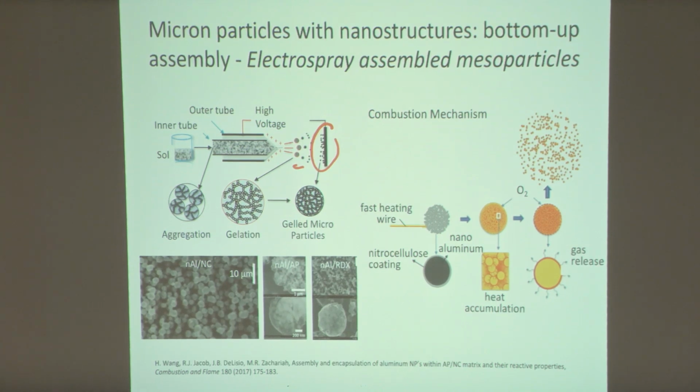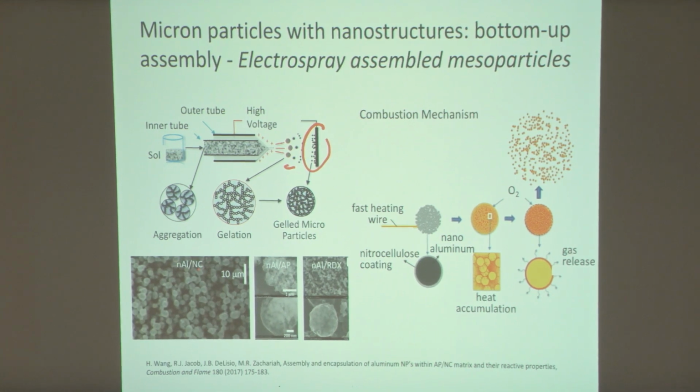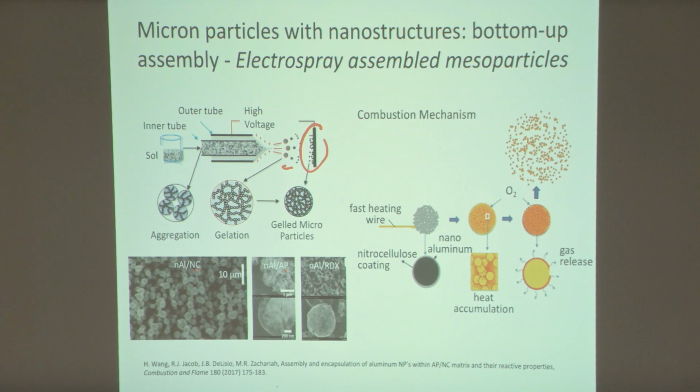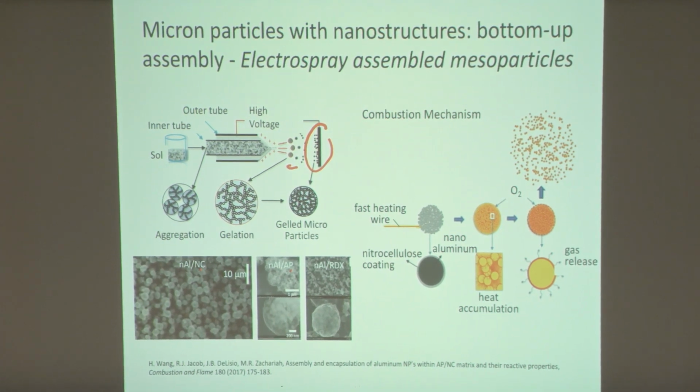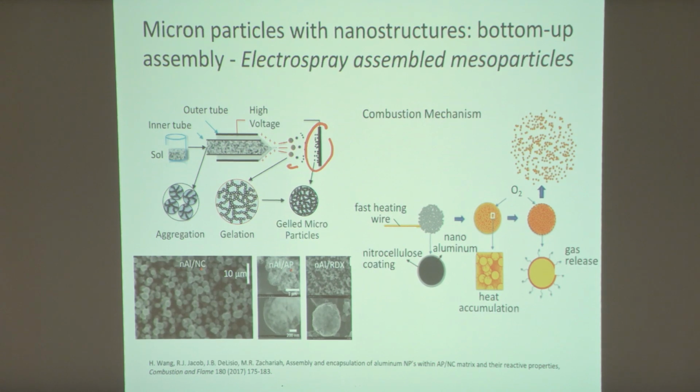Some examples of the combination are the particles shown here with nanoaluminum, nitrocellulose. He's made nanoaluminum, ammonium perchlorate, and nanoaluminum, RDX type particles. So they're composite particles. And the idea again is, if I've got this interstitial material, in this particular case nitrocellulose, at what temperature does the nitrocellulose come apart and gasify?